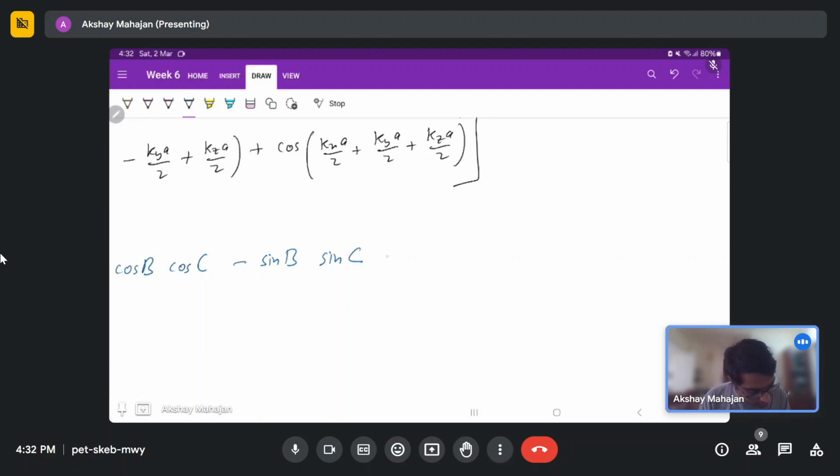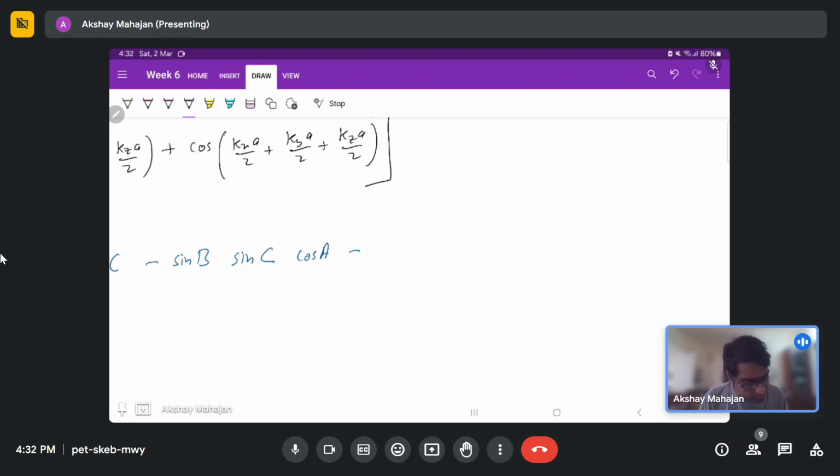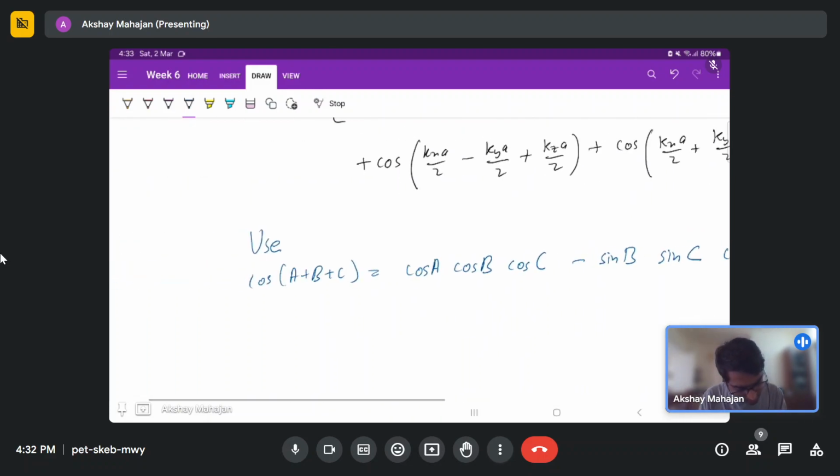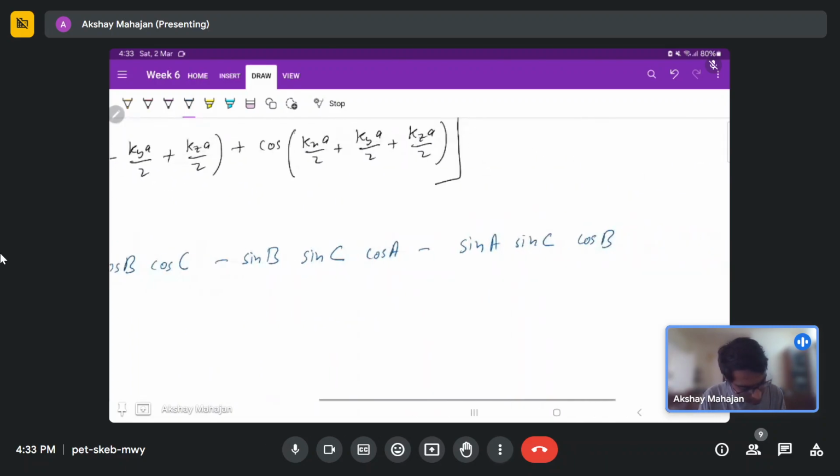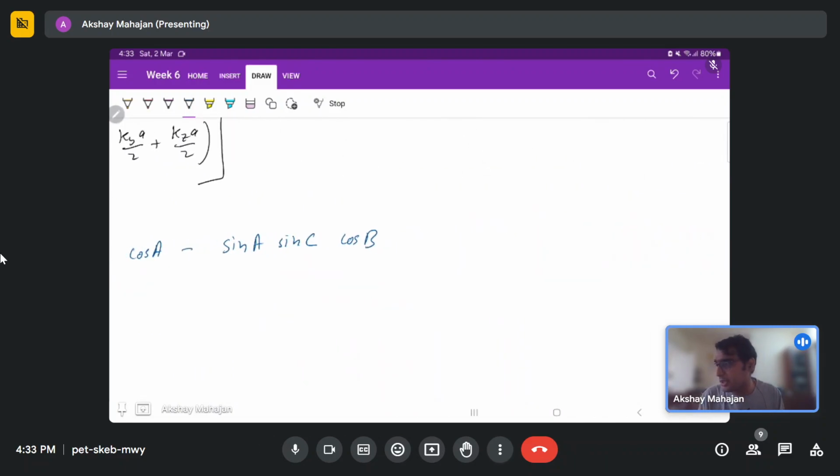Sin b sin c cosine of a, minus sin a sin c cosine of b, minus sin a sin b cosine of c.